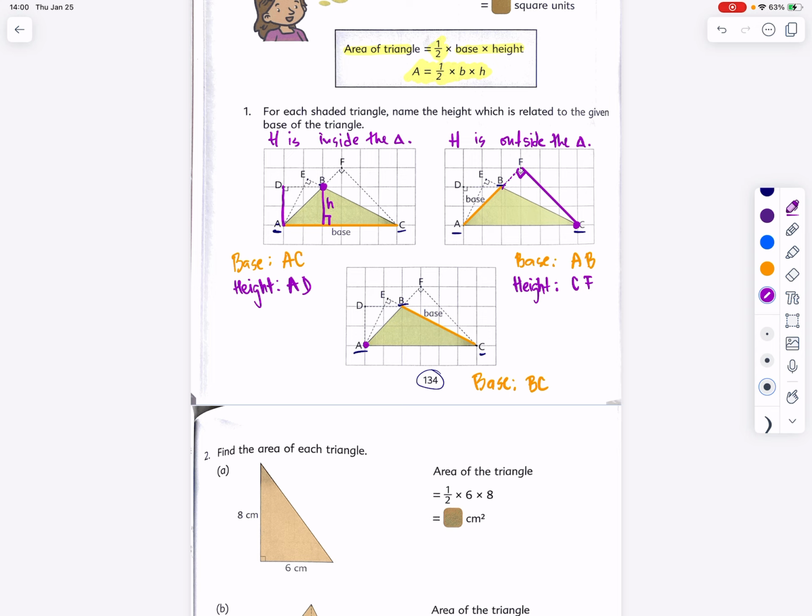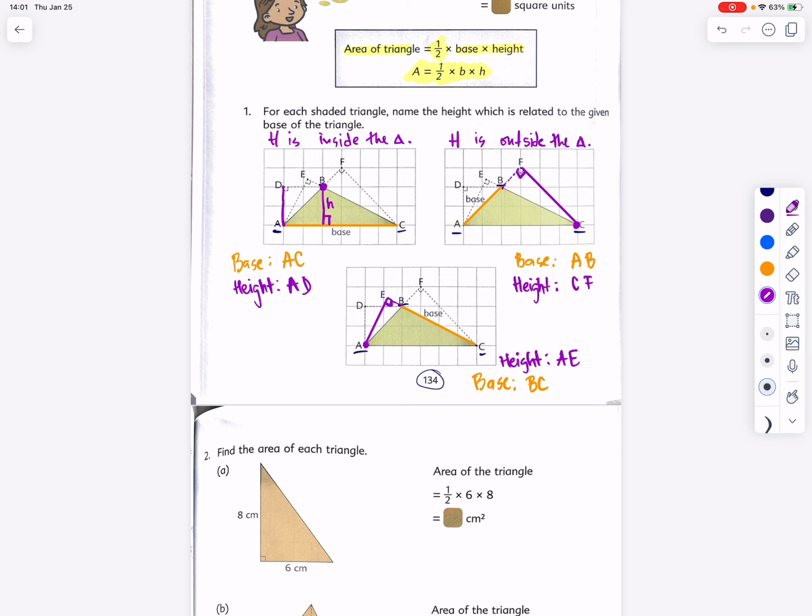In this case, it's vertex A. And we have to drop the height perpendicular to the base. Let's drop that like this. Again, very strange example, but let's write height is AE, line AE.